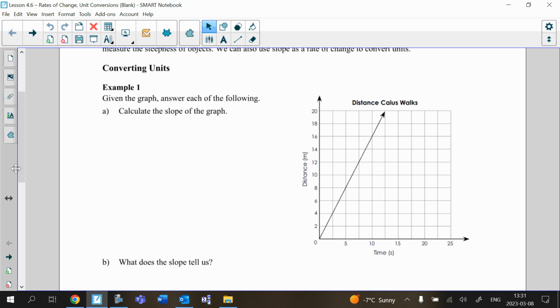Like if I said, how many centimeters in 5 meters, knowing that there's 100 centimeters in a meter? 500. Or if I said, how many meters in 2 kilometers? I mean, 2,000.